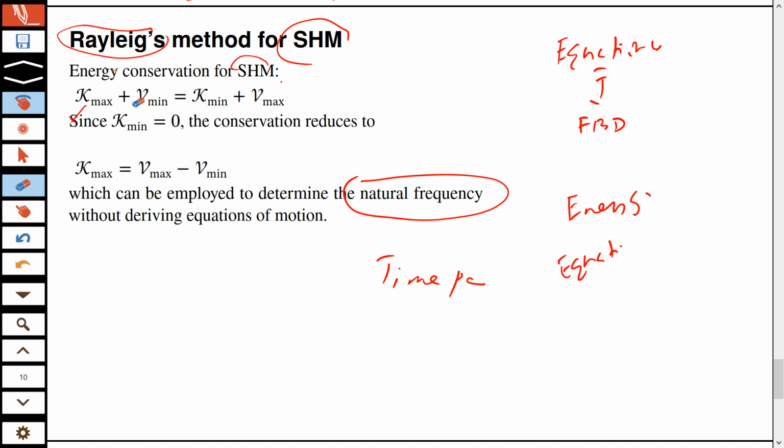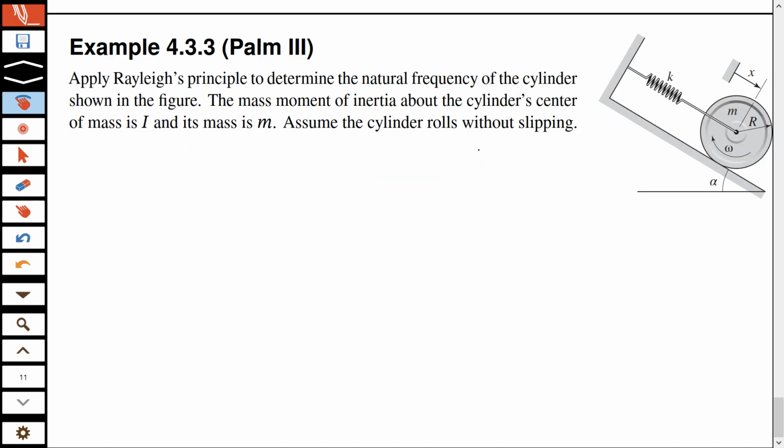The minimum kinetic energy is 0, because typically we assume a rest position. Even if it is not rest, we take that out of the equation to cancel out. So if I set this to 0, it turns out that the maximum kinetic energy is simply the difference between the maximum potential energy and the minimum potential energy. When we write this, it will give us the natural frequency. So we are not going to write down the differential equations.